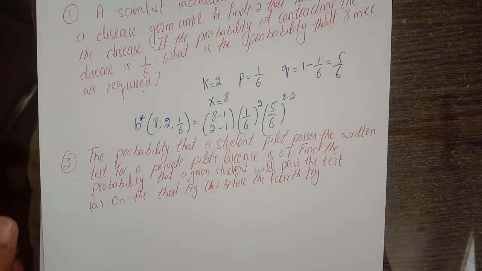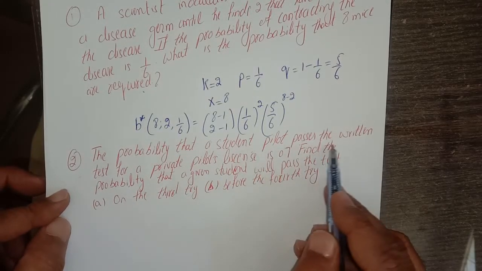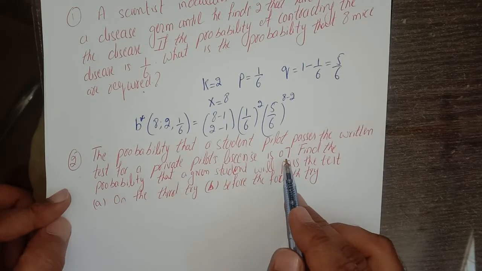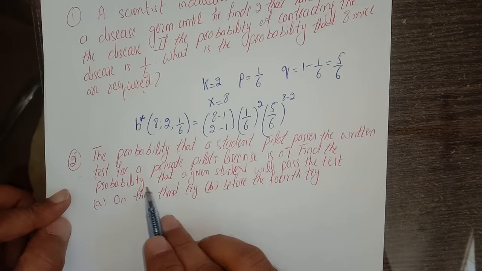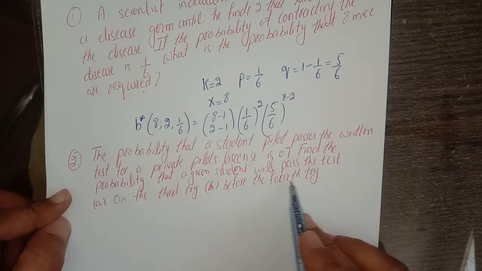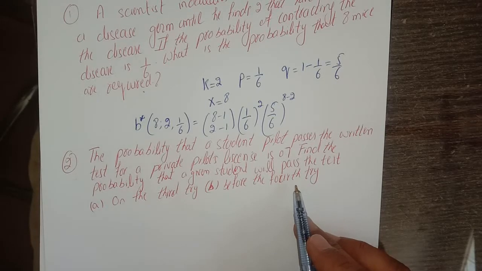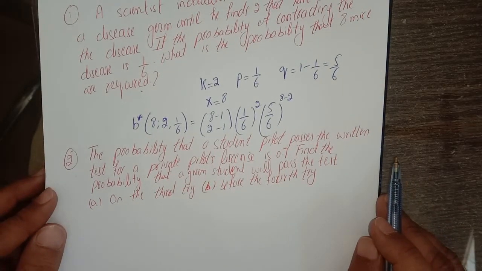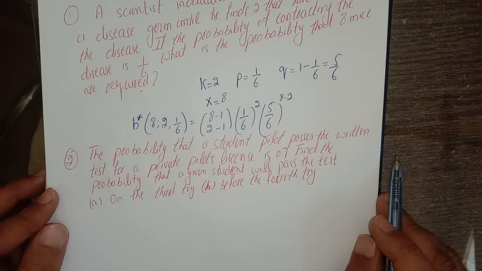Now let's see the next numerical. The probability that a student pilot passes the written test for a private pilot's license is 0.7. Find the probability that a given student will pass the test on the third try before the fourth try. If you look at it, it looks like a geometric distribution, because you have to find the number of trials for the first success, when the student will get the license.